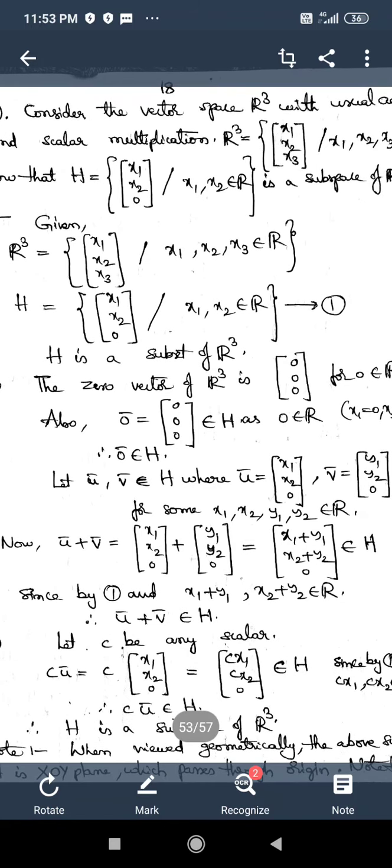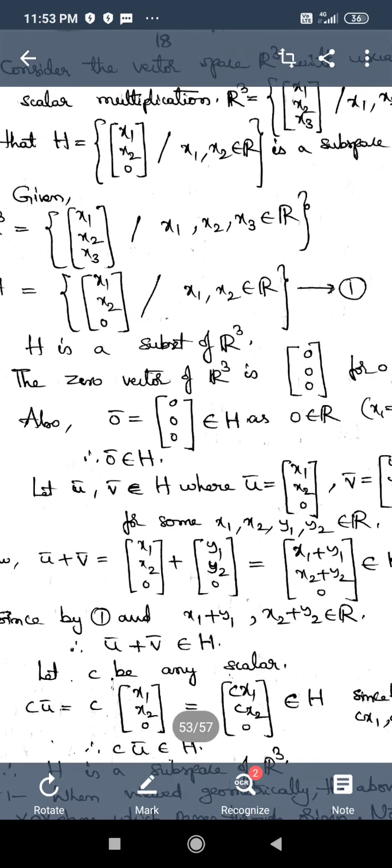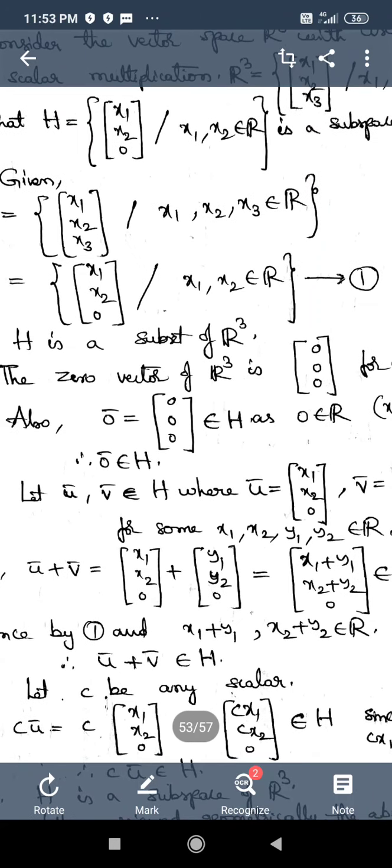The first condition is the zero vector should lie in that set H. The second condition is the vector addition should be satisfied in H. And the third condition is the scalar multiplication should exist in H.